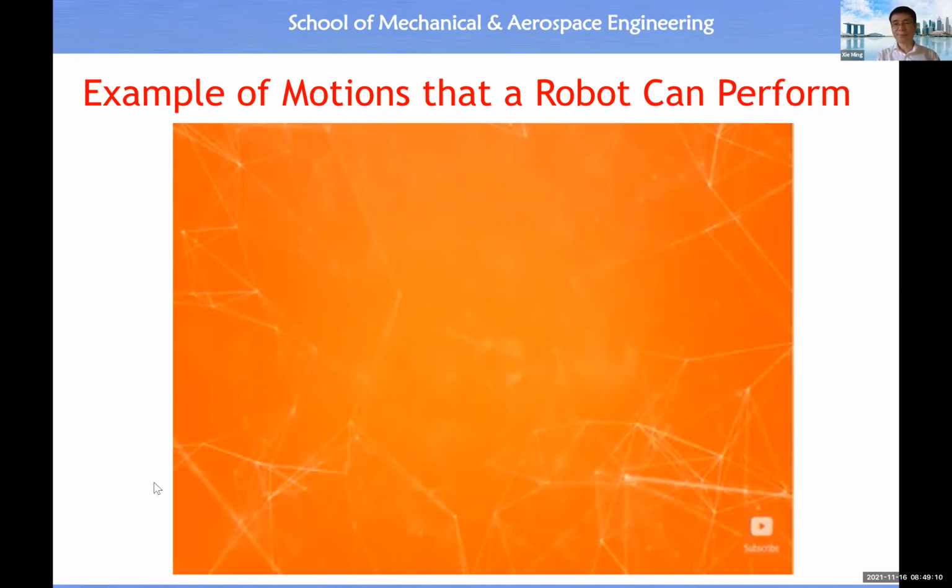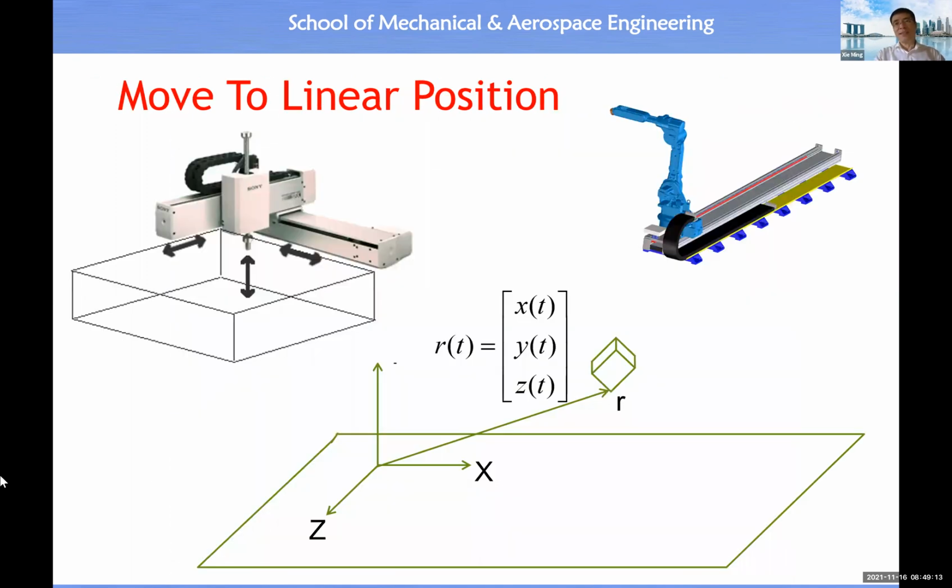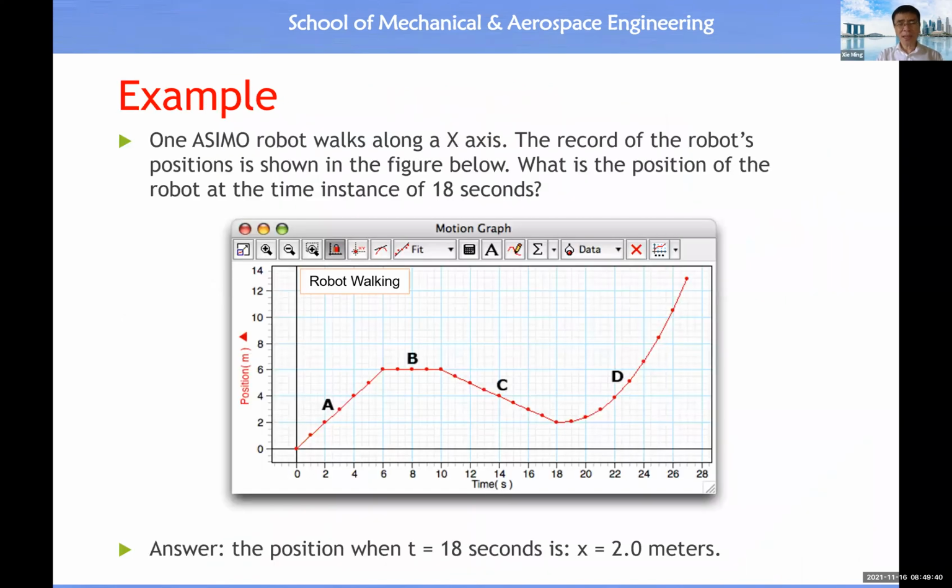Okay. And this slide basically shows you we can describe motion with this simple sentence, move to linear position, okay? Then you can relate this motion description to a mathematical expression. Basically we need to know what the position vector is, then move to this position vector. And here we have a simple example.